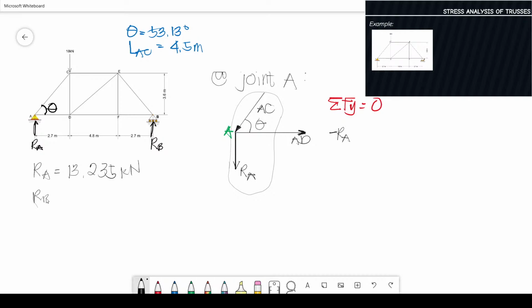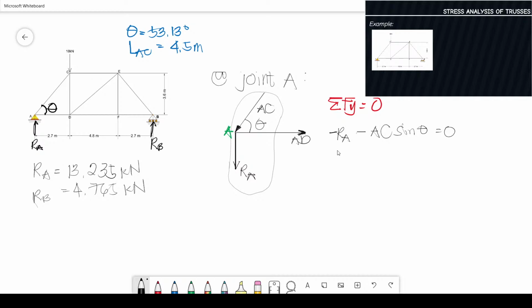Then RB is 4.765 kilonewton. Okay. So, negative RA, that is downward kasi. Then, minus AC sine theta is equals to 0.